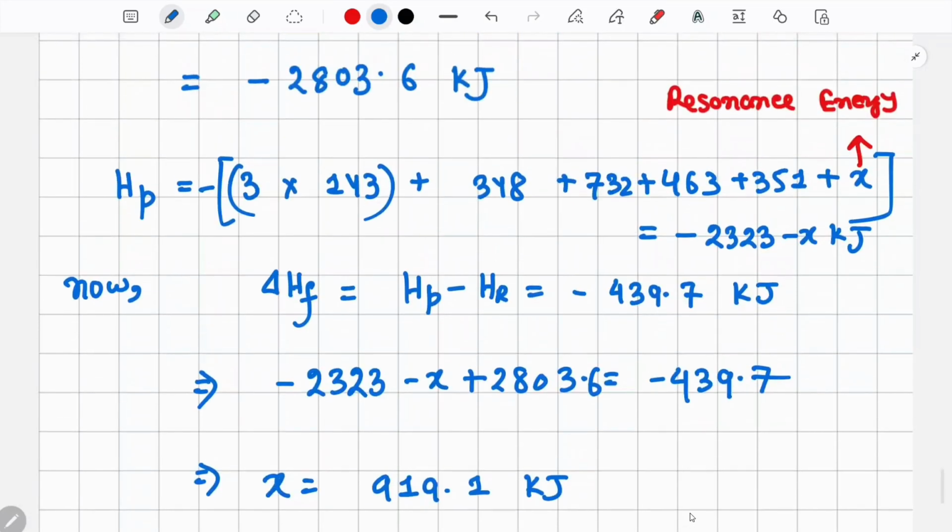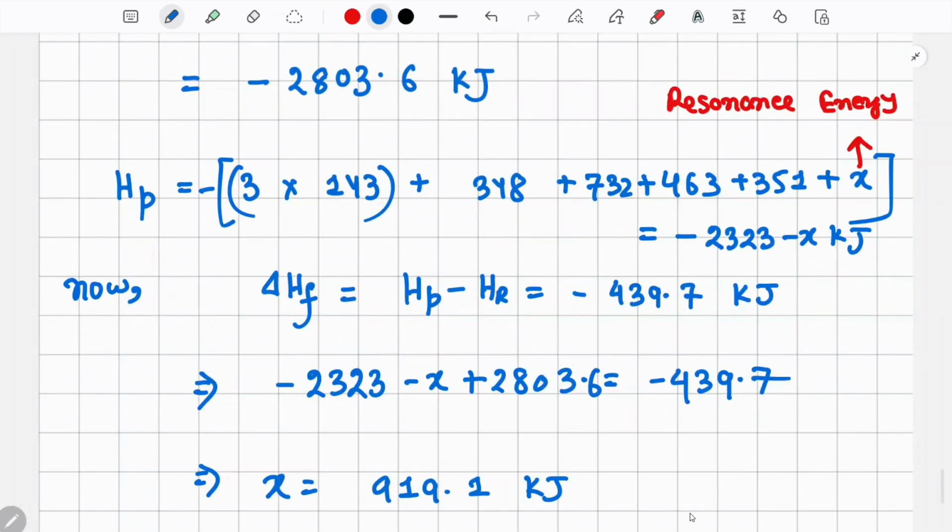Now why is it plus? It should be minus, right?